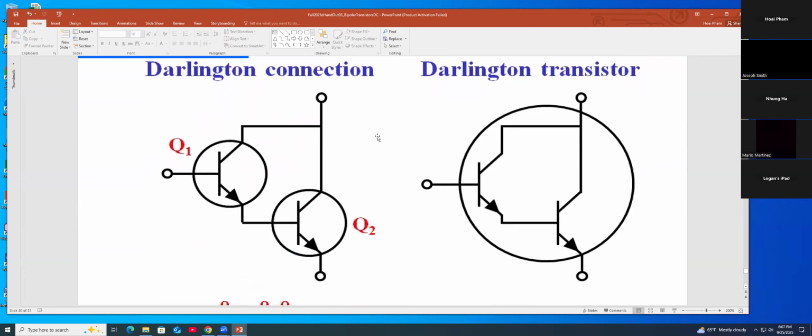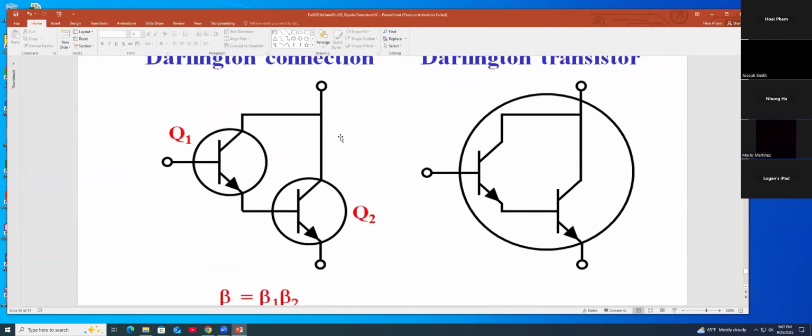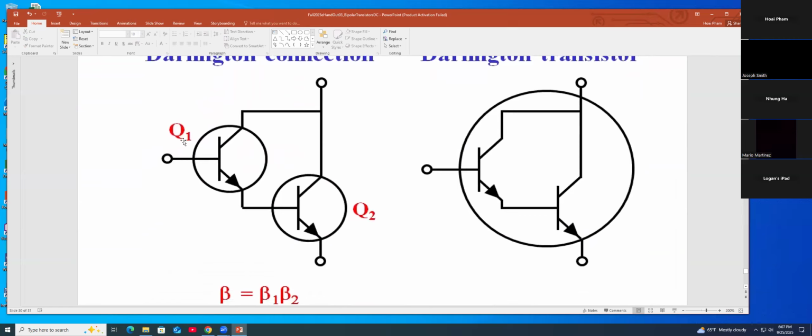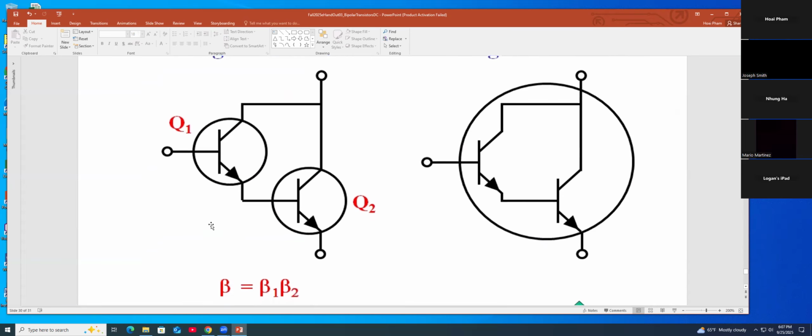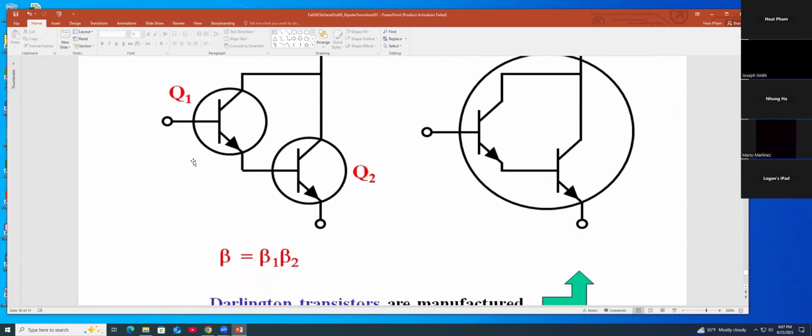And the Darlington connection. Now, if you have a Q1 and another Q2, the output of Q1 connects to the input of Q2. That's what they call a Darlington connection. The purpose is they want to get a big gain beta. You see, the first Q1 gets a beta 1 and goes to the second one, Q2, which gets a beta 2.